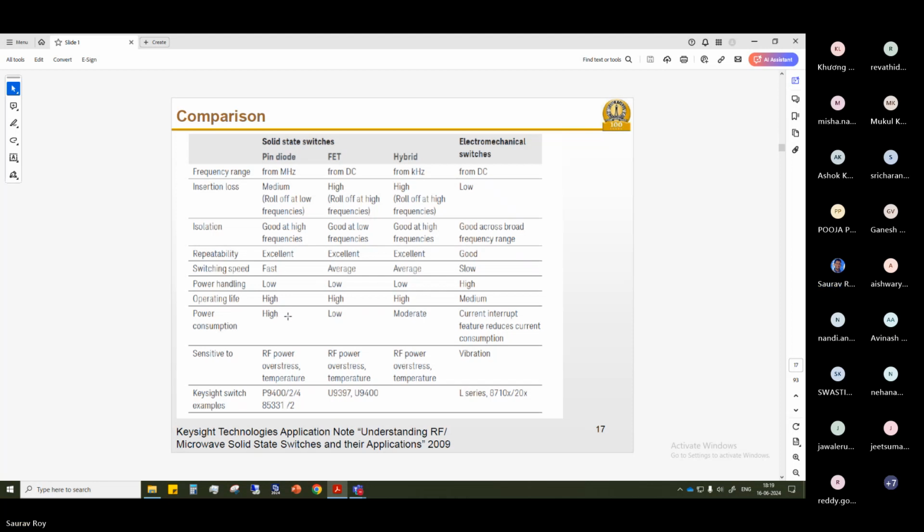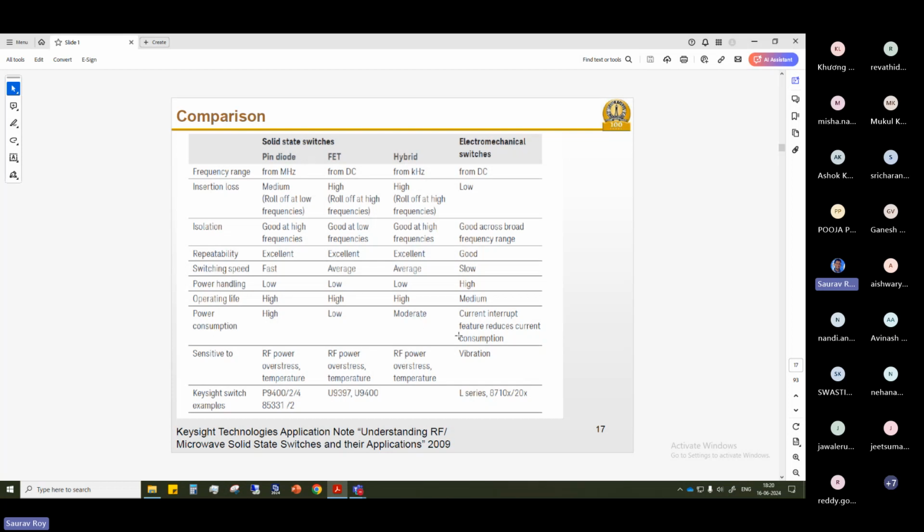Okay, and they have defined other things like how sensitive to stress and temperature, all this. So MEMS switches, if you know, they depend on the vibration and all, because they will be very thin, nano or micro sized line lengths, which may change based on the vibration and all.